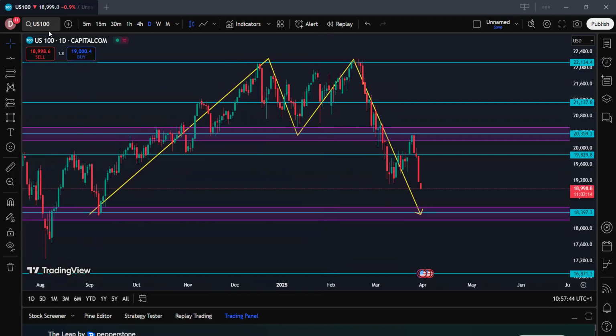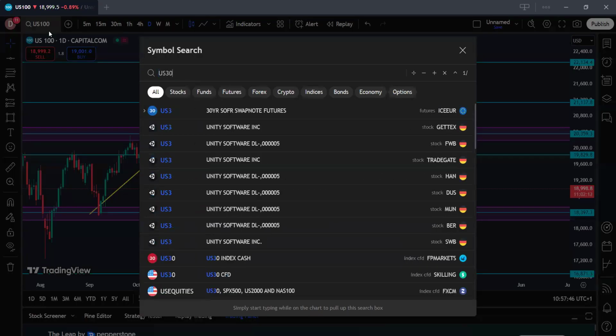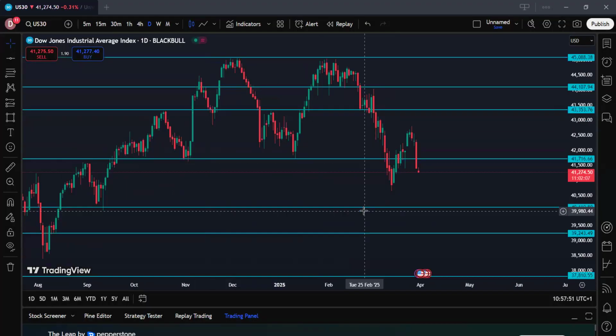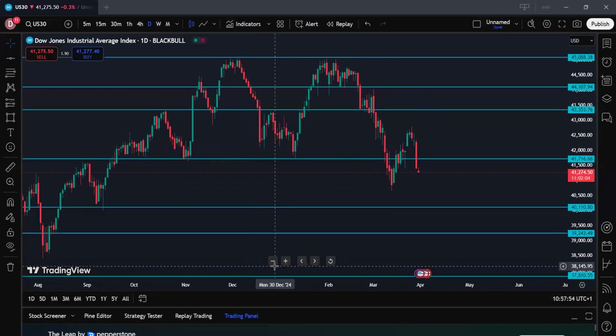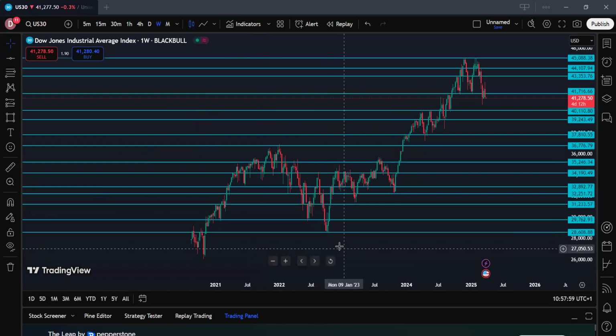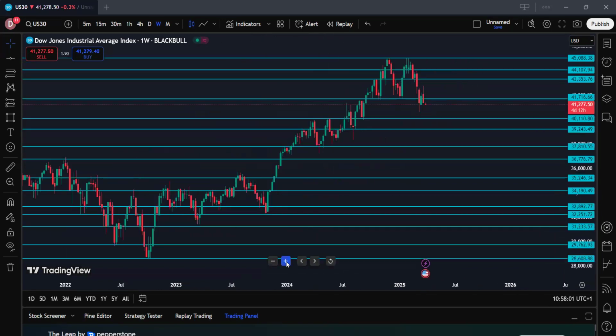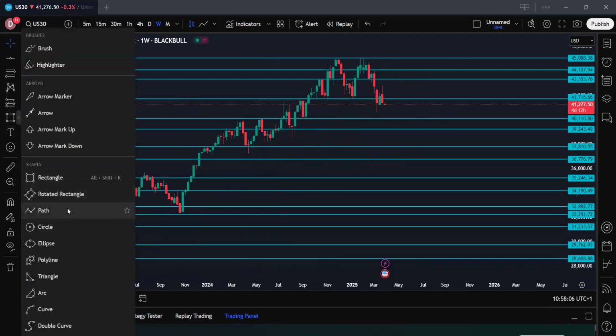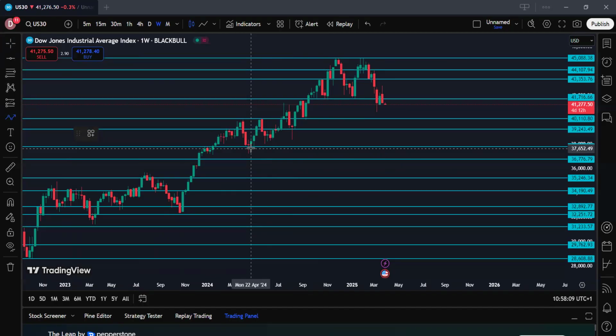So for US30, US30 as well. We are currently also seeing, as if we zoom out on the weekly, let me check, from this low on the pullback: resistance, support, resistance.